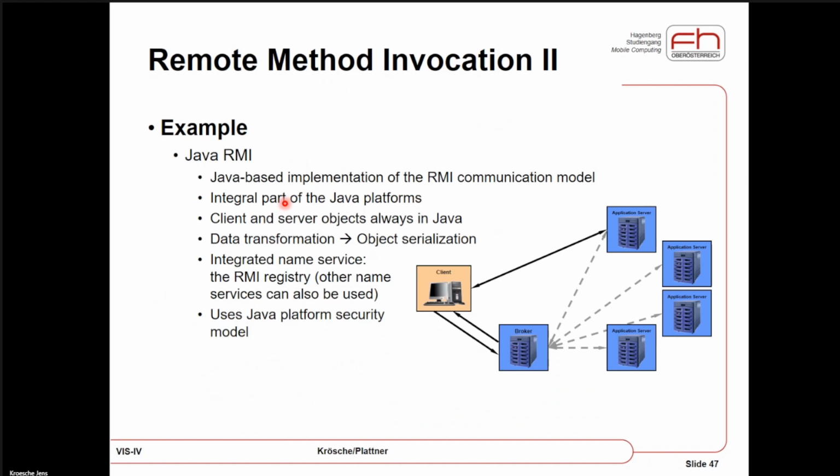Right, this brings us to Java RMI, which we will use in the next exercise. So we will use Java RMI to build the second server element in our 4-server row.